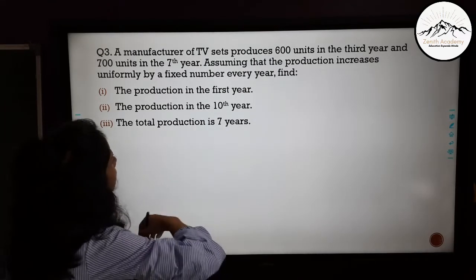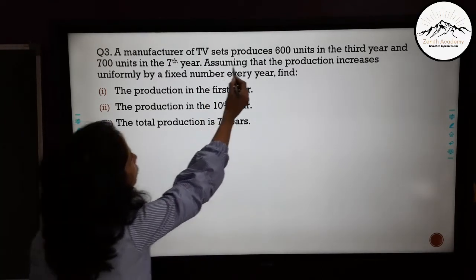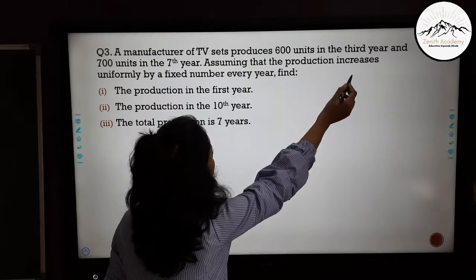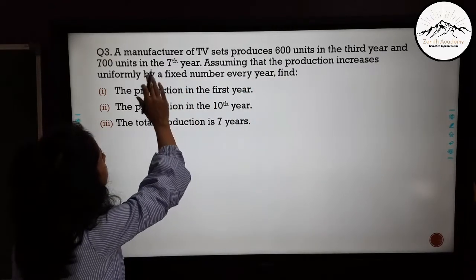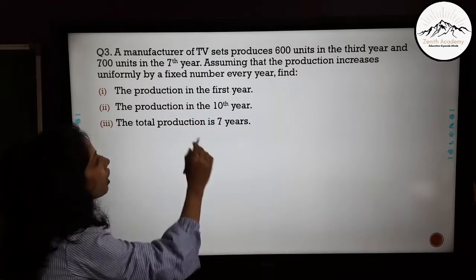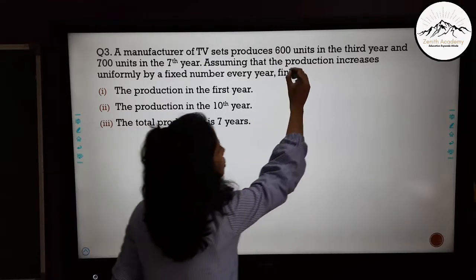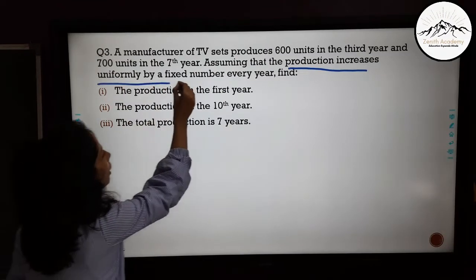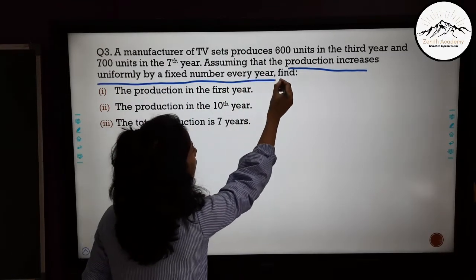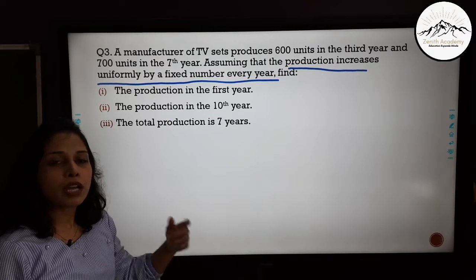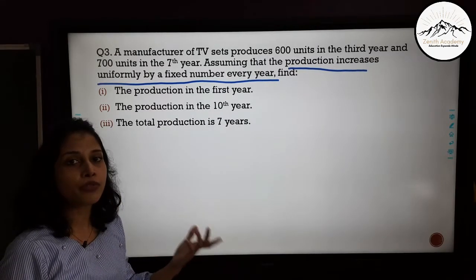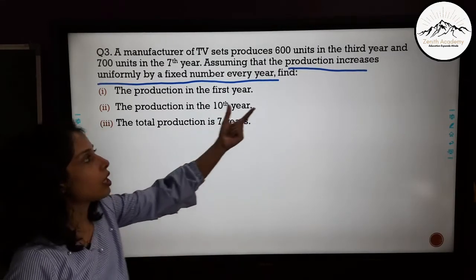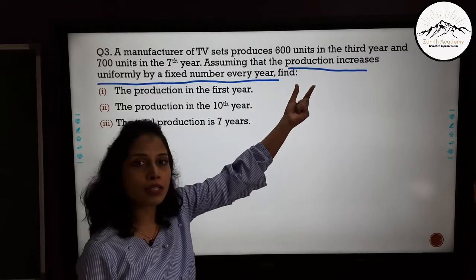Now let us first understand the question. A manufacturer of TV sets produces 600 units in the third year and 700 in the 7th year. The production is increasing uniformly by a fixed number every year. Since the production is increasing every year by a fixed number, the production is in AP.